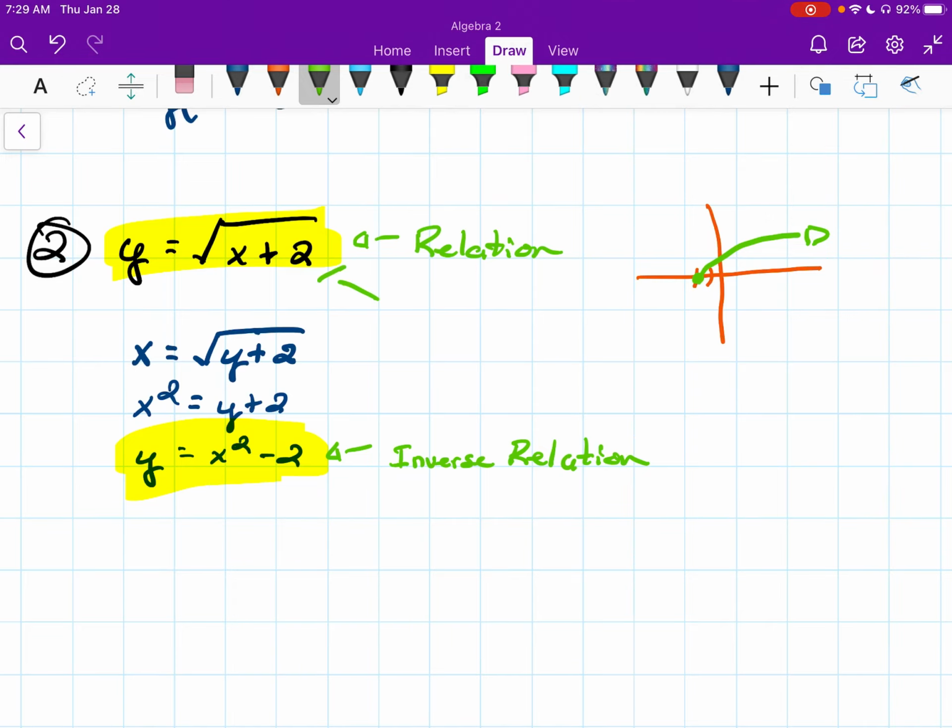So this is a function. And then the other one is a parabola, and we can probably graph that in our head and say, yeah, this has to be a function. It won't always be the case that they're both functions. A lot of the time, one of them will be a function and the other one will not be a function.